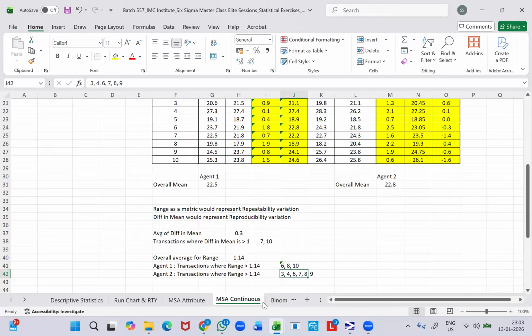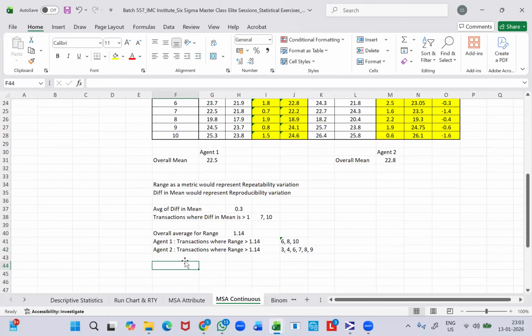In fact, for agent 2, we have three transactions where the range values are in excess of 2. So we can clearly understand that the repeatability variation, represented by the metric range, seems to be much higher than the reproducibility variation represented by differences in mean. So that is the inference of the preliminary analysis.